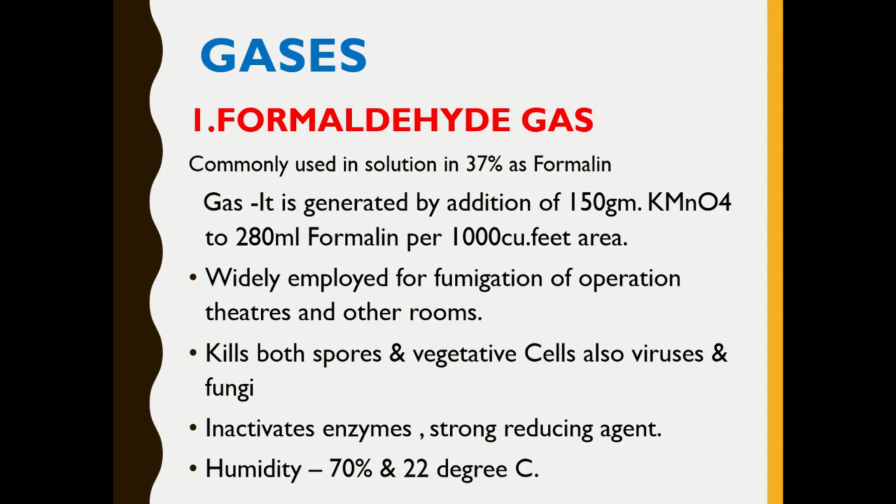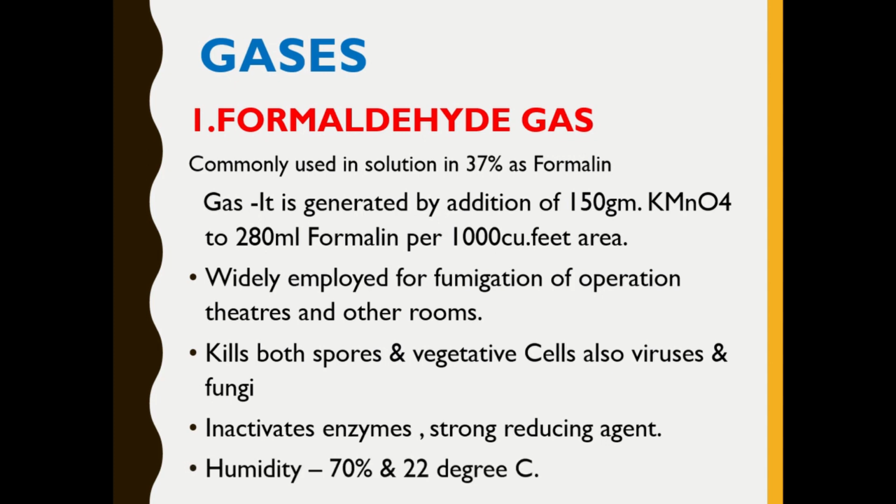Other rooms means you can also sterilize the laboratories or closed areas, like the inoculation room commonly used in laboratories. They are sterilized by using fumigation. This agent is able to kill both the spores and vegetative cells. Also it is able to kill the viruses and the fungi. Its killing property is due to inactivating the enzymes, and it also acts as a strong reducing agent.